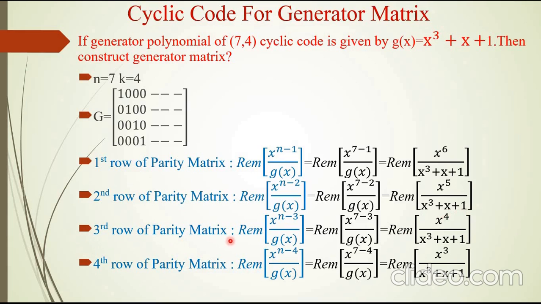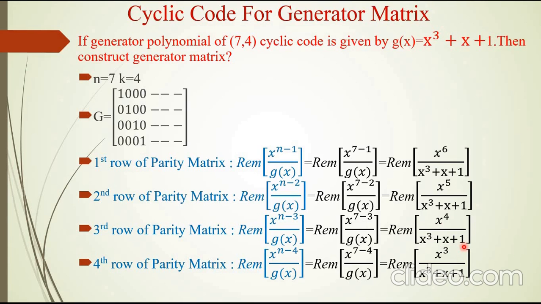Similarly, the third row of parity matrix. The formula is remainder of x to the power n minus 3 divided by g(x). So it will be 7 minus 3, so remainder of x to the power 4 divided by g(x), which is x cube plus x plus 1.